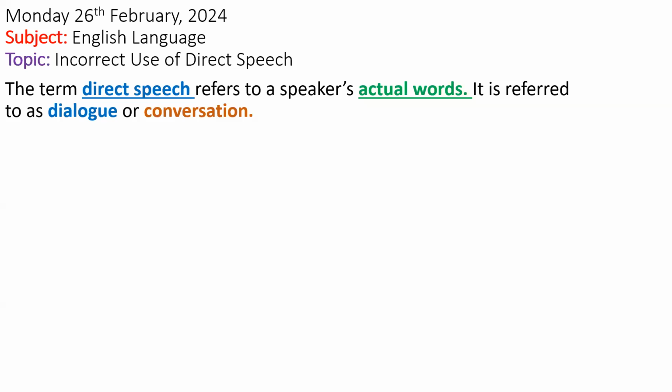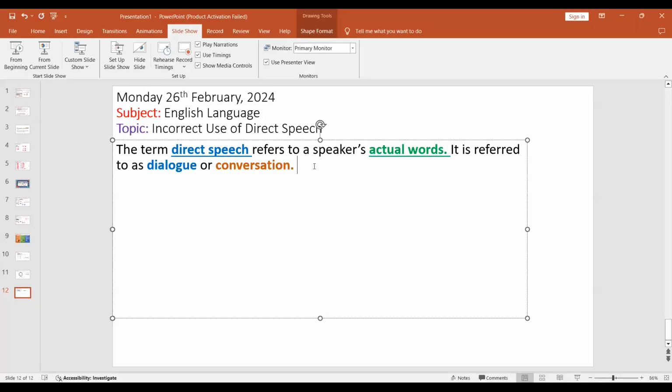Dialogue or conversation, right? Now, you can impress your examiner when you properly place the direct speech inside of your essay, right?